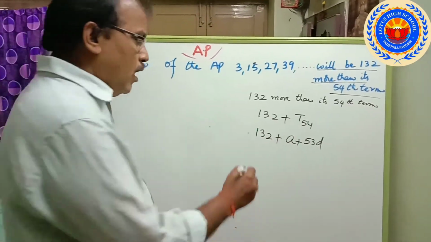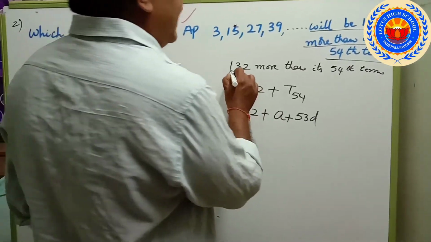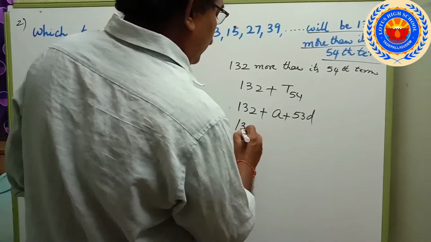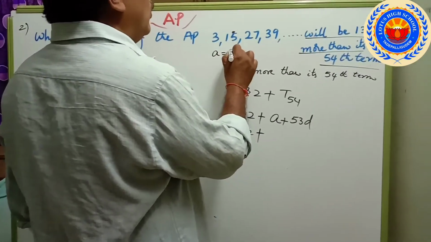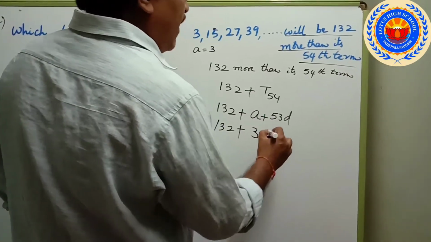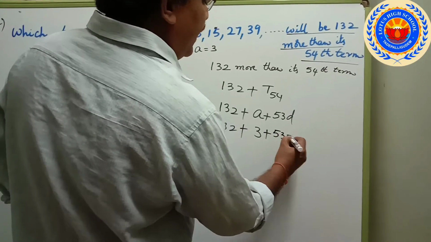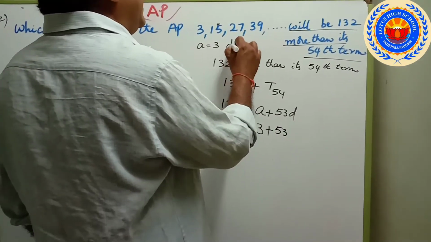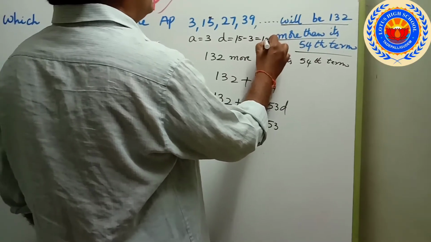Understand? Now, here, okay, 132. In this, what is a? In this, a is equal to 3, plus 53 only, into d. d will be 15 minus 3 is equal to 12.